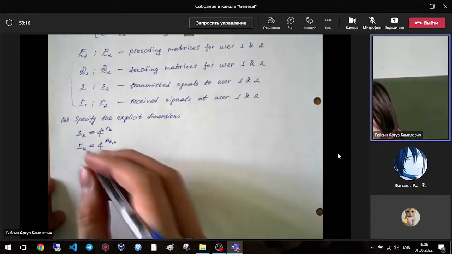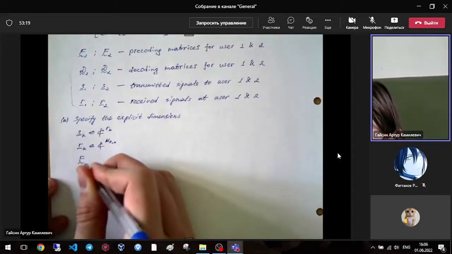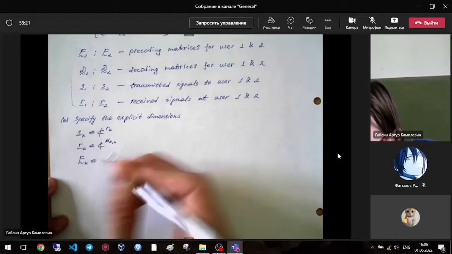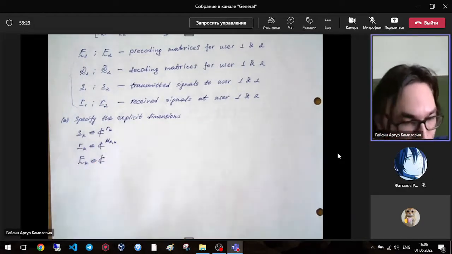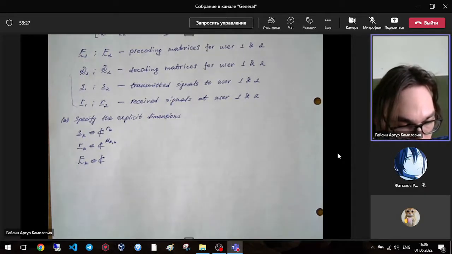Then if we assume the precoding matrix, what we have? So it is equal to MT times RK.